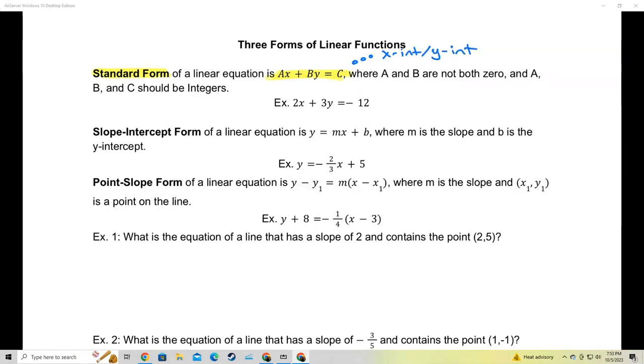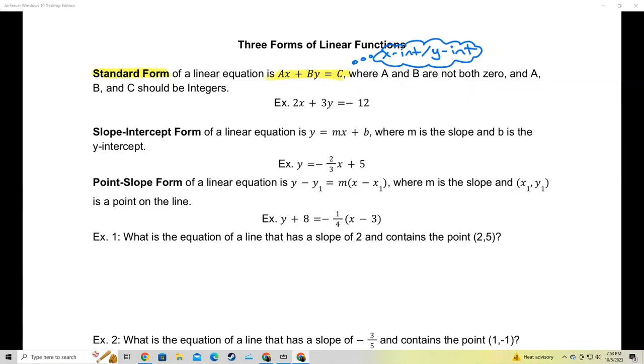It's nice when it's this way because you know where your x and y-intercepts are really quickly. You just set x equals 0 to get your y-intercept, and you set y equal to 0 to get your x-intercept, and you solve just like we did before. You put the 2 dots and then you graph it, okay? So that's method number 1. It's standard form when it looks like that.